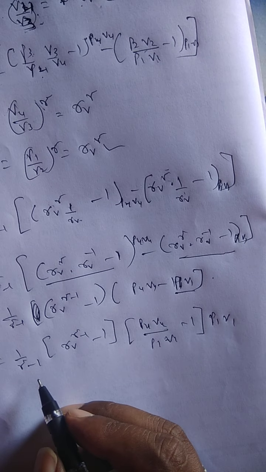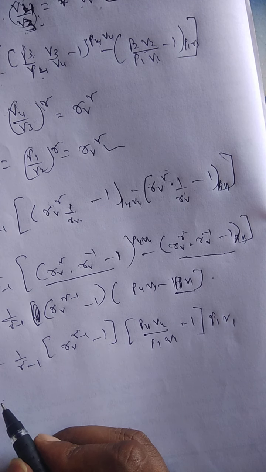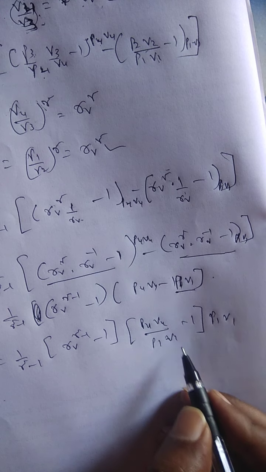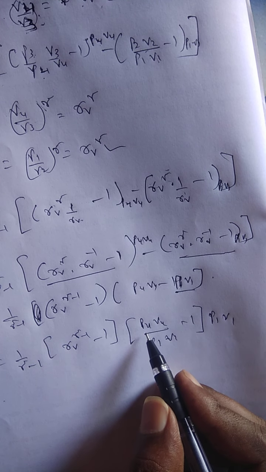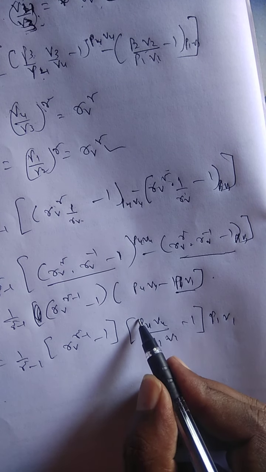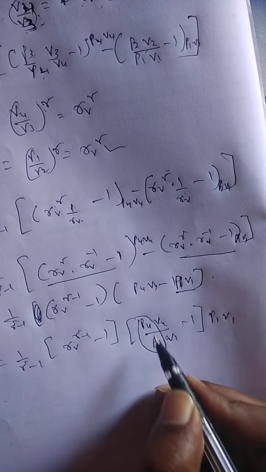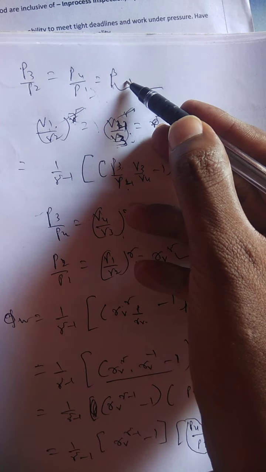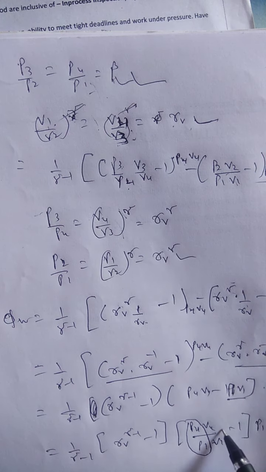Okay. Now, after writing all these things, here you can see we have P4 by P1, and P4 by P1 is nothing but beta.